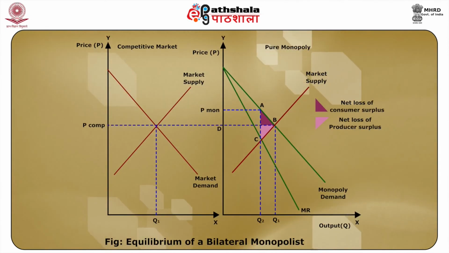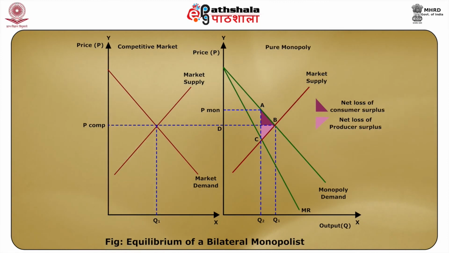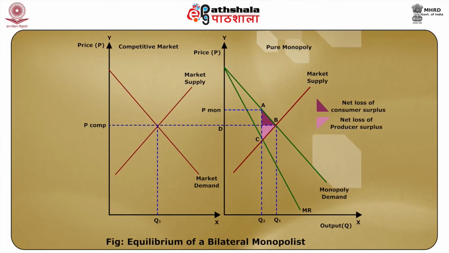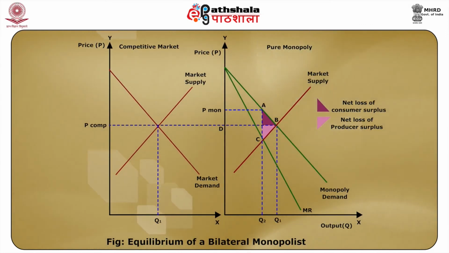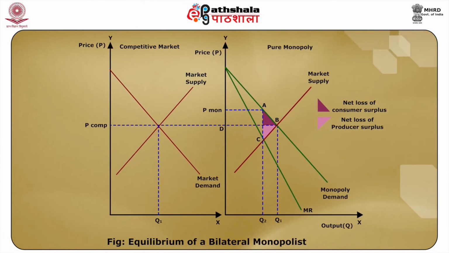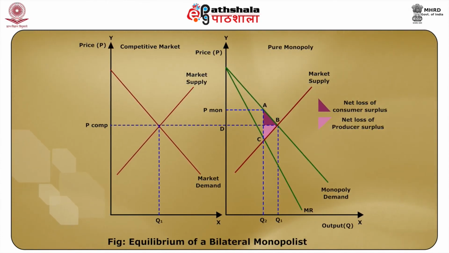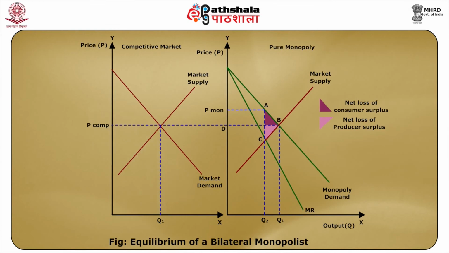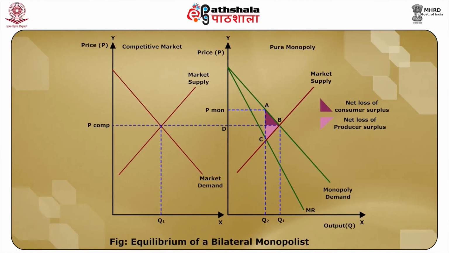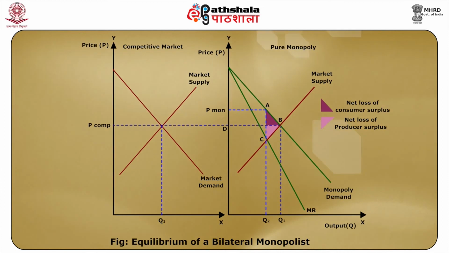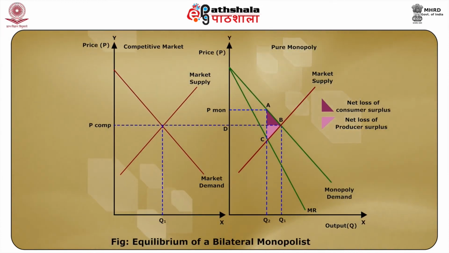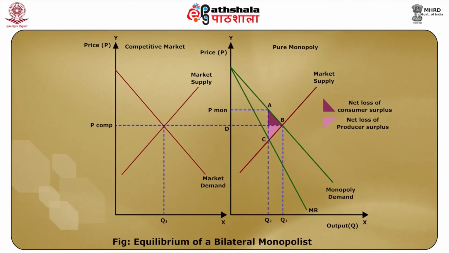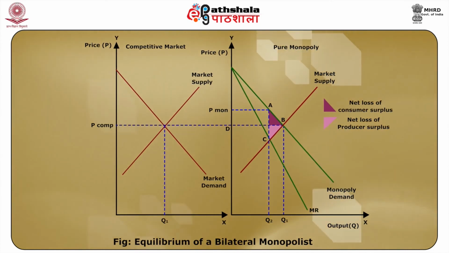In the figure, the competitive industry is in equilibrium at the point where market demand and market supply equate to each other in order to decide equilibrium price and quantity. At this equilibrium point, competitive firms produce quantity Q1 at price P competitive in order to maximize social welfare, because at this point both consumer and producer surplus is maximized.